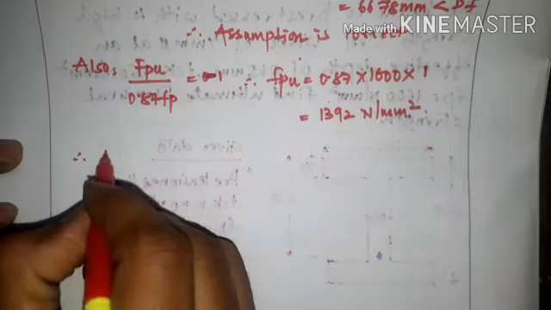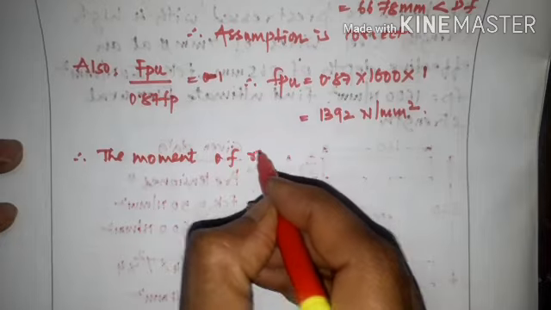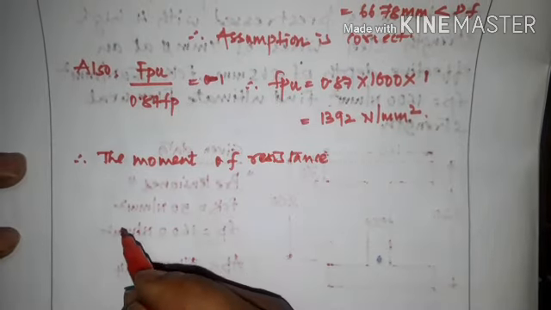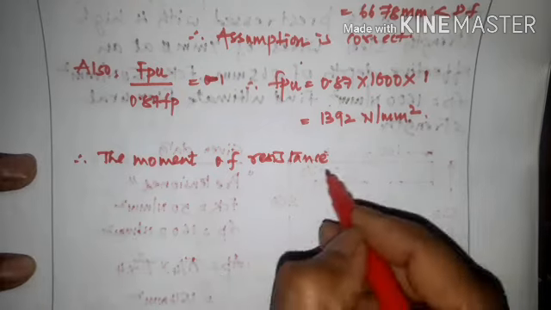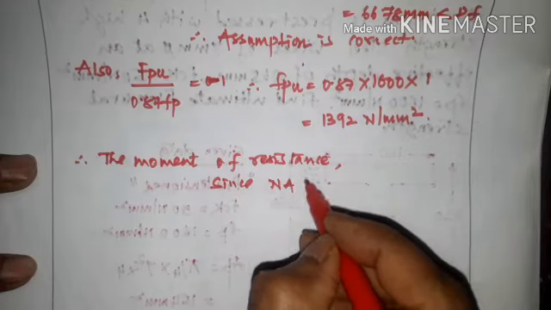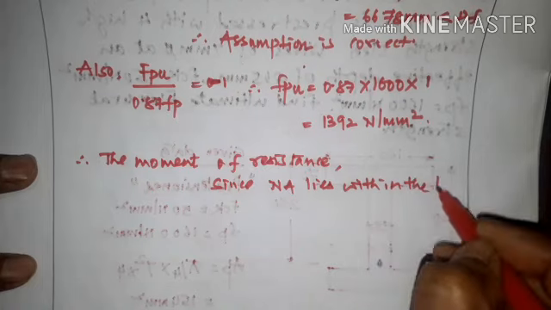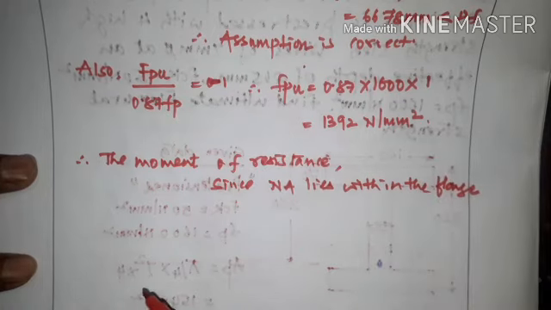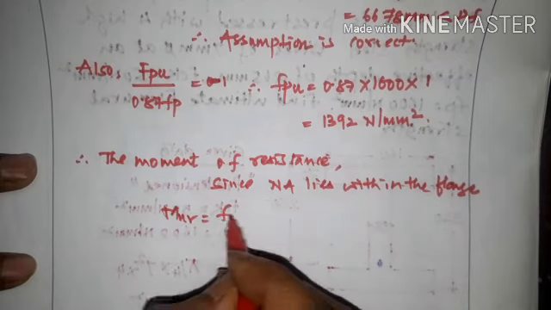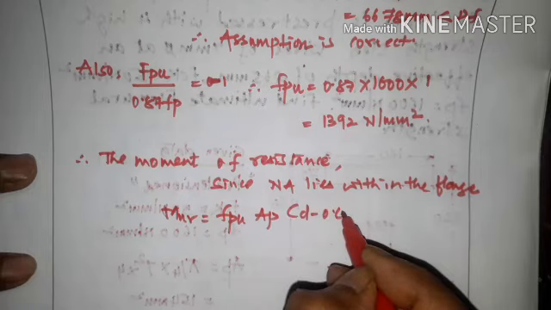Therefore, the moment of resistance, since the neutral axis lies within the flange, MUR is equal to FPU into AP into D minus 0.42 XU.